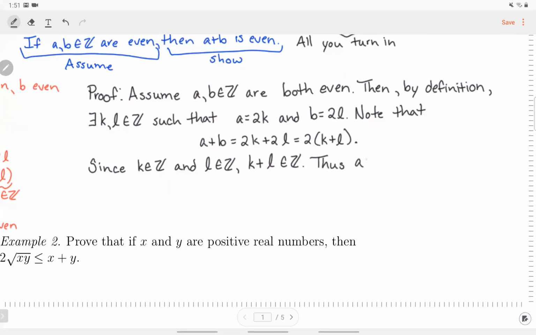Thus, A plus B fits the definition of even, or you could just say A plus B is even. All right, and that was our ultimate goal. That's what we needed. We needed to show A plus B is even. We showed A plus B is even. So we have finished our proof.